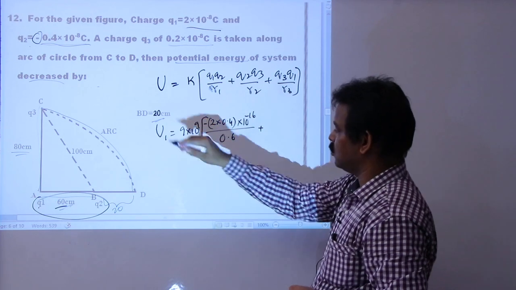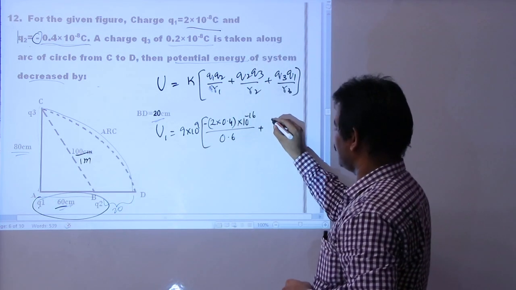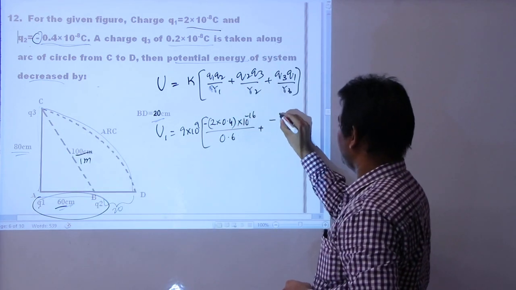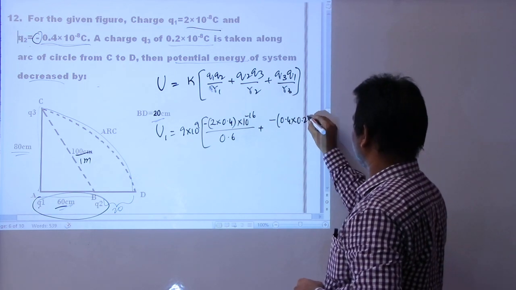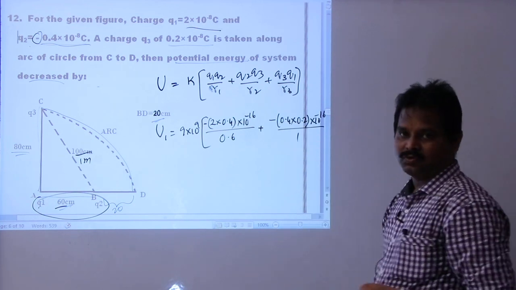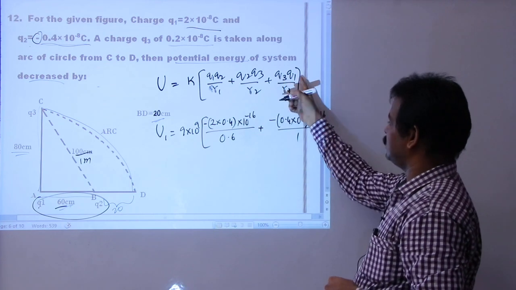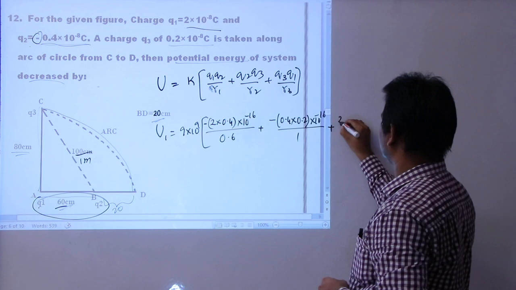Now the product of the second and third charge by the distance between those 2. This is 100 centimeters or 1 meter. So I can write Q2 into Q3, that is minus 0.4 into 0.2 into 10 power minus 16 by the distance between these 2, which is 1, plus the product of the third charge and first charge, Q3 and Q1.